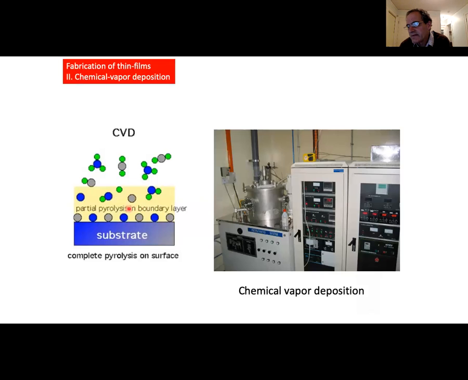For commercial purposes, CVD is the technique of choice. CVD is chemical vapor deposition. Here, the film growth doesn't take place in a vacuum, but usually in a low pressure gas environment. And we have precursors for the materials that we want to deposit. And then these decompose in a chemical reaction that results in the material being deposited on the surface.